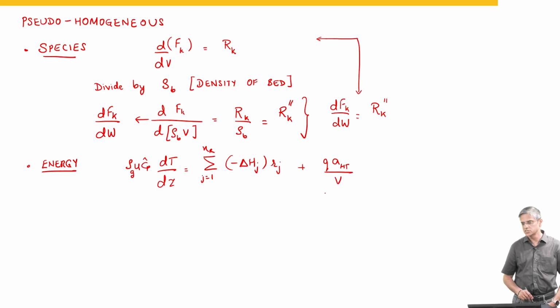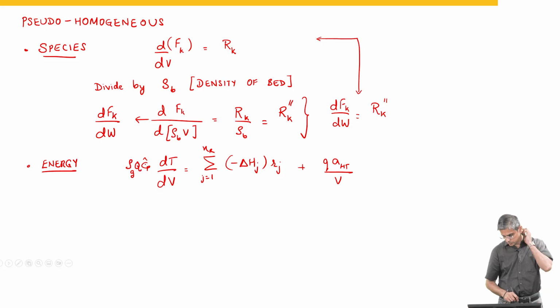This is how you can write it, and we can always write this as dq.